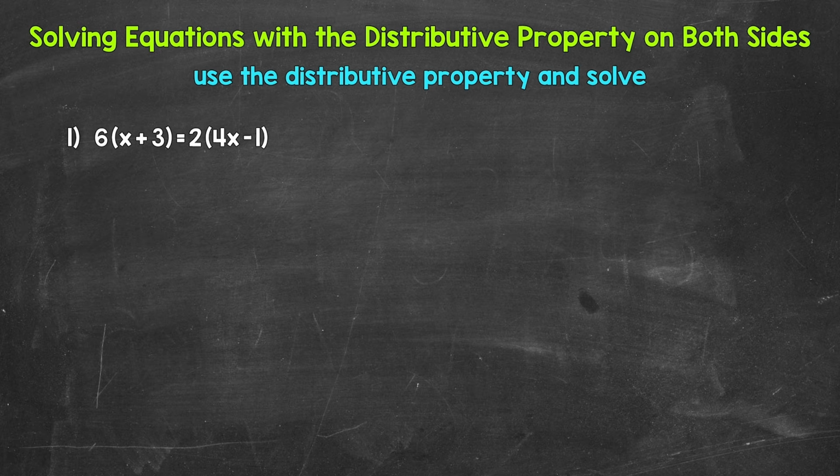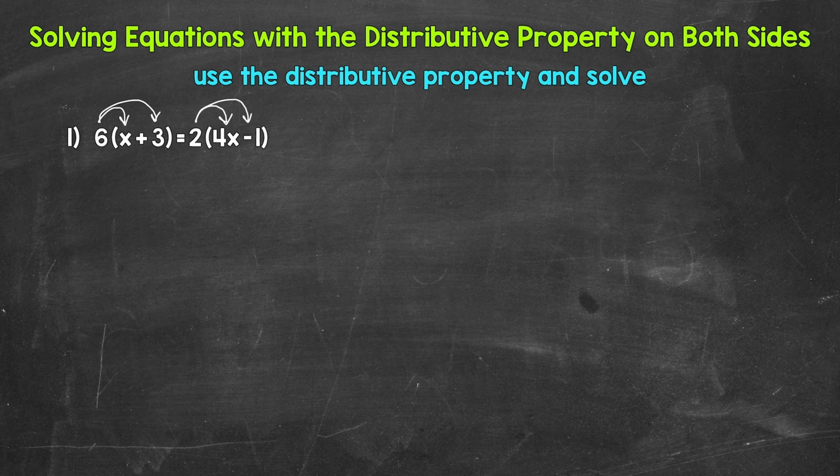So on the left side, we need to distribute 6 to x and 3. On the right side, we need to distribute 2 to 4x and -1. So on the left side, we have 6 times x and 6 times 3 here.